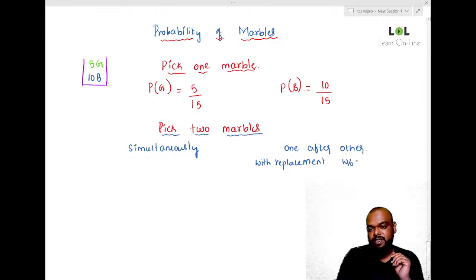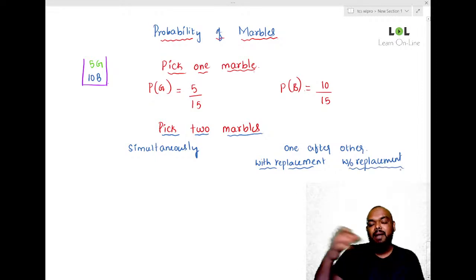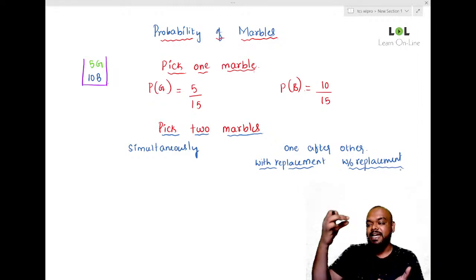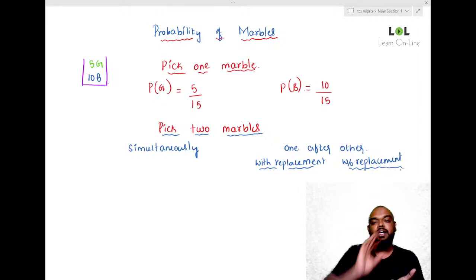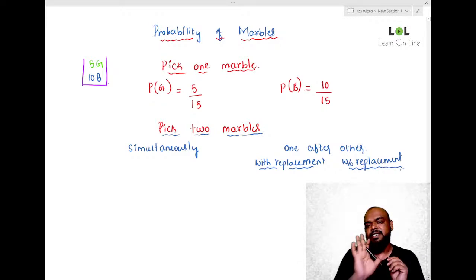I'll tell you what is with replacement and without replacement. Observe carefully. With replacement means what? You pick one marble, you check the color and you put it back. Again you pick the second marble, you check the color and you put it back. Now every time you pick a marble, the number of marbles always remains the same in the pot, because this is with replacement.